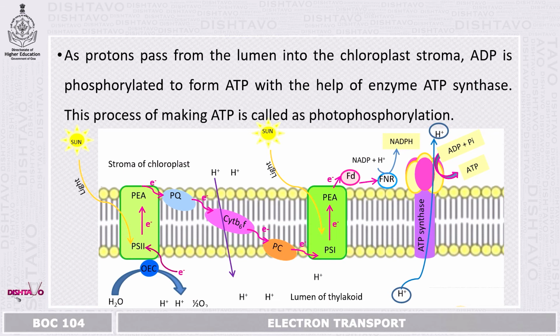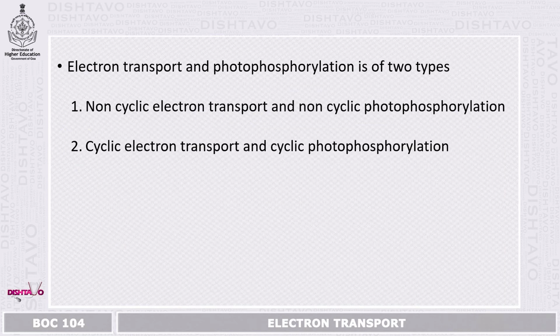As protons pass from the lumen into the stroma of the chloroplast, ADP is phosphorylated to form ATP with the help of the enzyme ATP synthase. This process of making ATP is called photophosphorylation.